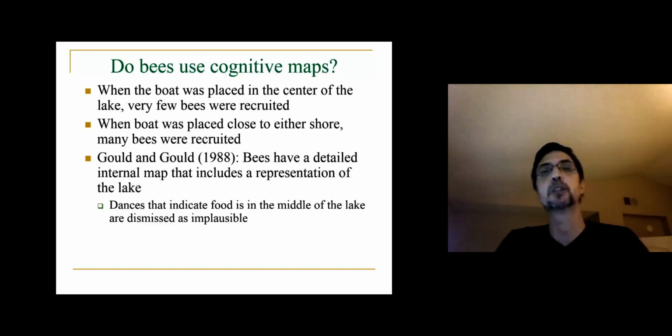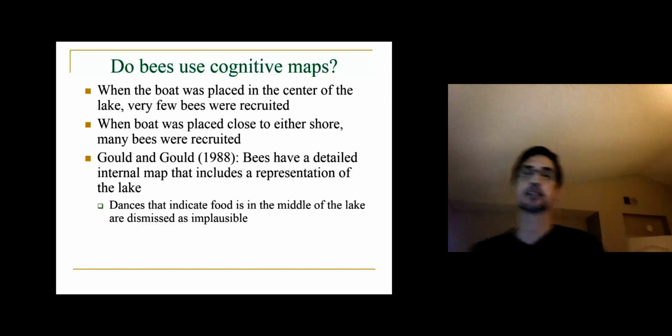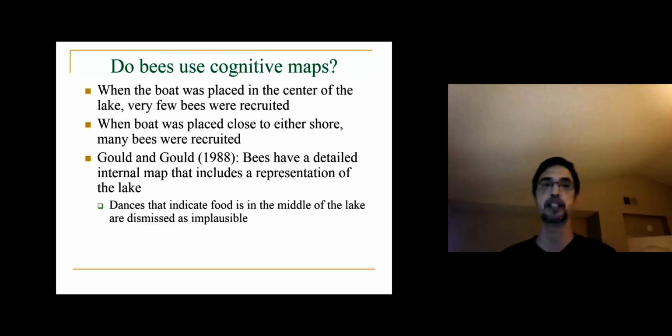So the way that Gould explained this is that the bees have a detailed internal map of their home range, and this map includes the location of this giant lake. And the reason why bees are unable to get other bees to go to those locations is because the bees consult this map and realize, you can't have food in the middle of a lake, right?